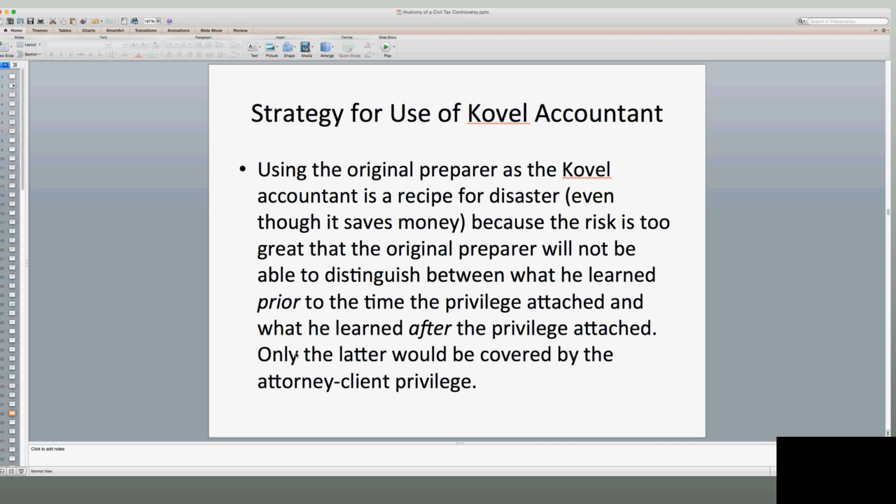And this is why it's so important to hire a second accountant, a forensic accountant, and get them involved at as early a stage of the process as possible, so that we're not in this disaster, and we don't have to be in a position where we're rowing upstream, so to speak.